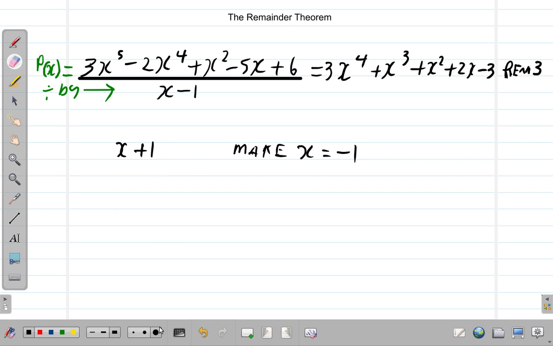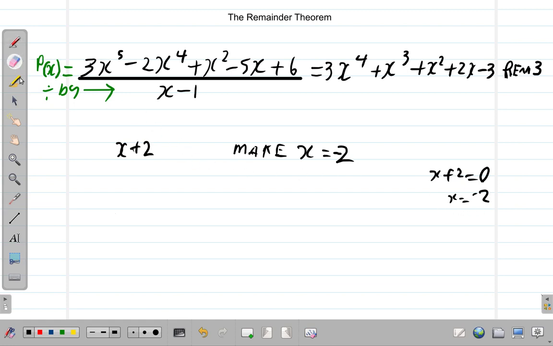If you're asked to use the remainder theorem to find what the remainder is when it is divided by x minus 2, then you make x positive 2. What is the remainder when the polynomial is divided by x plus 2? Then you make x negative 2. It's like you're saying x plus 2 equals 0. What is x? X equals negative 2.